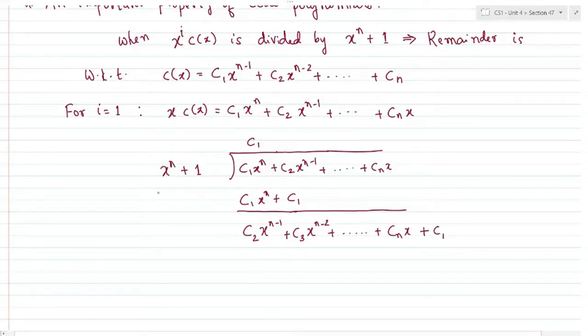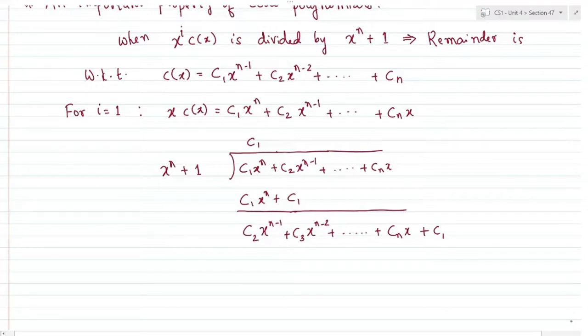If you carefully observe, by dividing the code polynomial which was multiplied with x, with order i as 1, by x^n + 1, where n is the order of the polynomial, I would get a similar code word which is exactly one time left shifted version of the original code word, where x^(n-1) is multiplied with the coefficient c2, and with the decreasing order of the degree in the polynomial, I would get all other coefficients of the original code word.